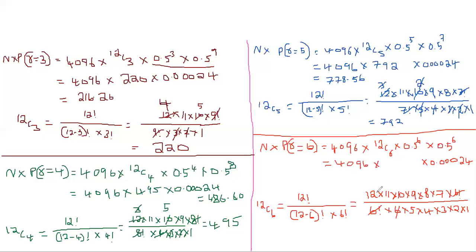6 2s are 12, 2 and 2 I'm going to cancel. 5 2s are 10, 4 3s are 12. So what are the things that are left out here? 11 into 2 into 3 into 2 into 7.